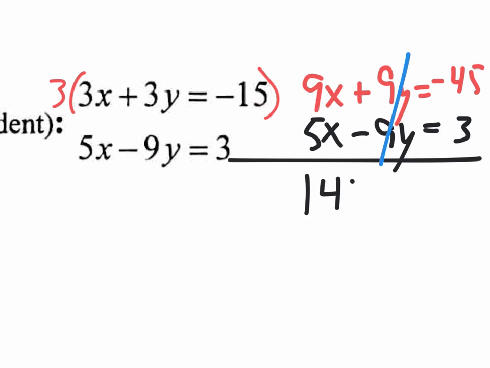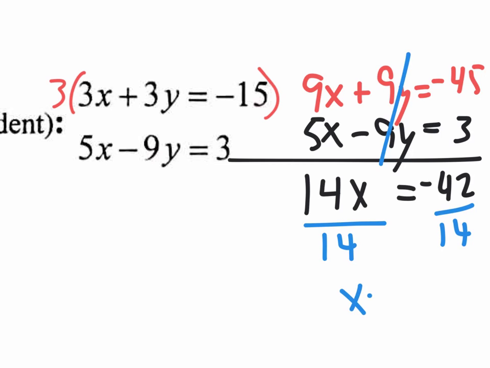We get 14x equals negative 42. And if I divide both sides by 14, I will get x equals, anybody? Negative 3. So there's one answer.